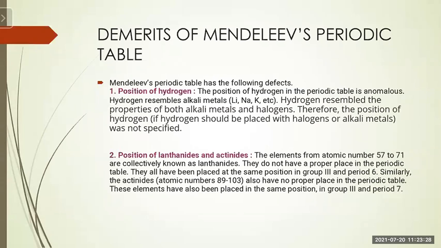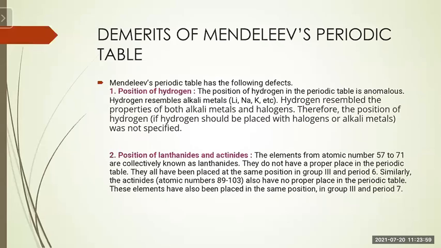Hydrogen resembles the alkali metals, for example lithium, sodium, potassium, and it also resembles the halogens. So the position of hydrogen was not specified, whether it should be placed with the alkali metals or with the halogens. This was a defect in Mendeleev's periodic table.